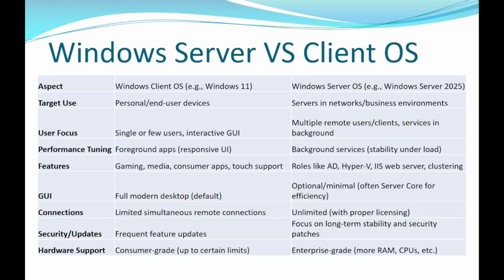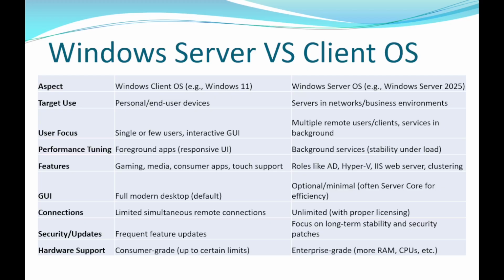So in this table you can see Windows Server Edition and Windows Client Edition. There are some aspects I have chosen and given examples. Target use case: if you take a client operating system, this is for personal use, and an end user can use it. Server is mainly for networks and business environments only.